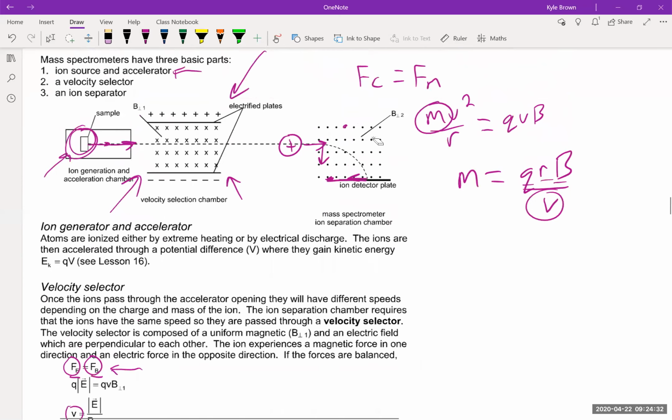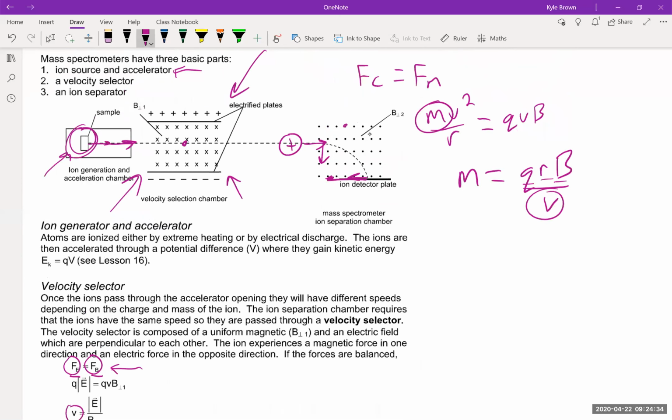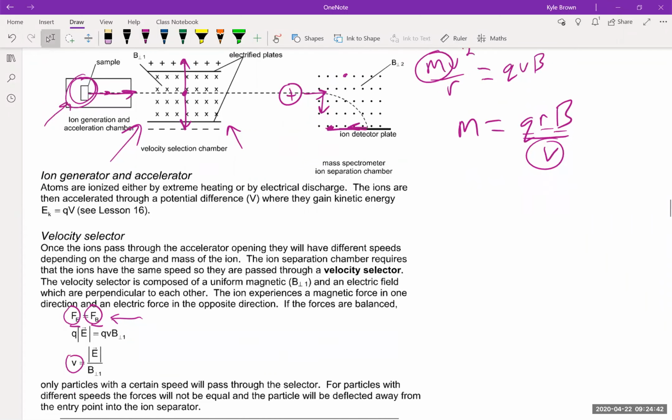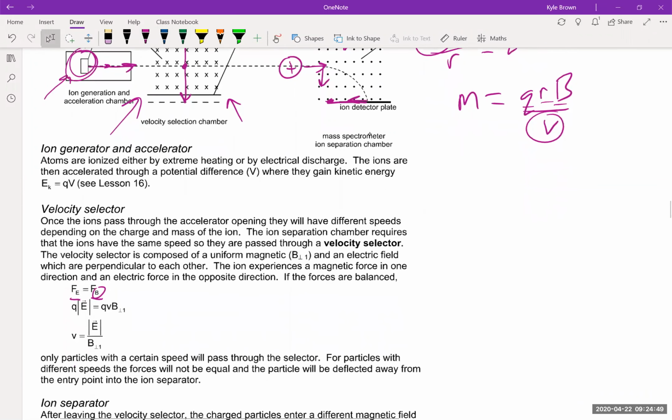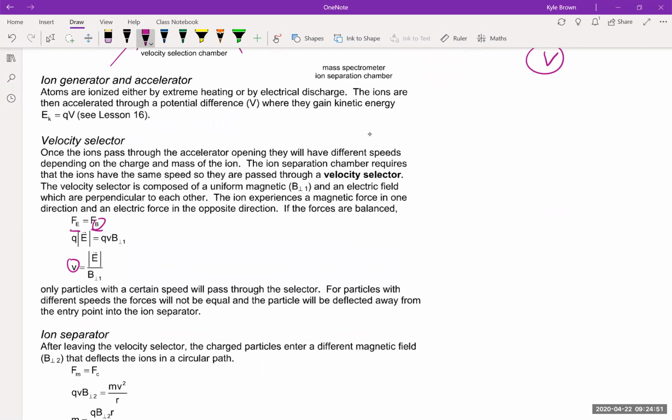But it's just knowing that process, that the only way this thing is actually getting through is if you've got your forces equally balanced out, where your FB is equal to your FE. And just watch out for that too, because sometimes it's labeled FB and sometimes it's labeled FM. So either one.